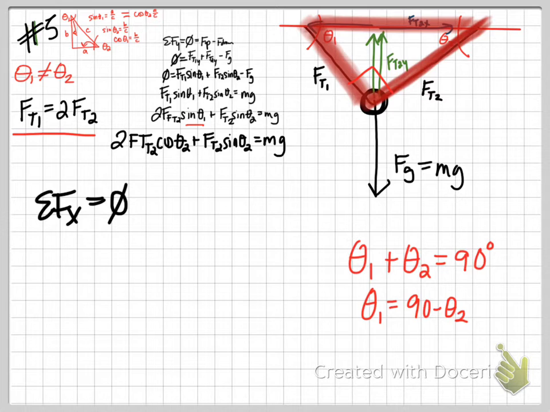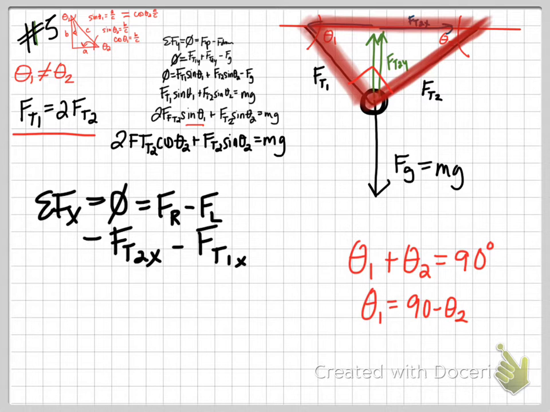So acceleration is still 0, and that's all the forces right minus all the forces left, which is FT2 on the x minus FT1 on the x, and since they equal 0, FT2x equals FT1x.